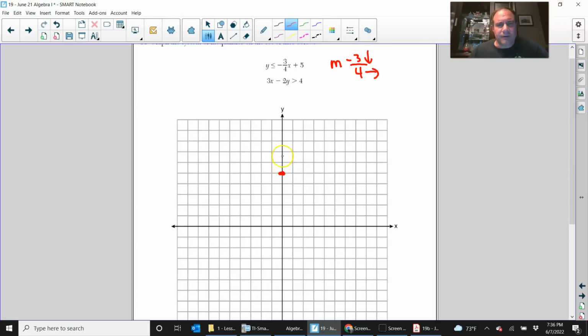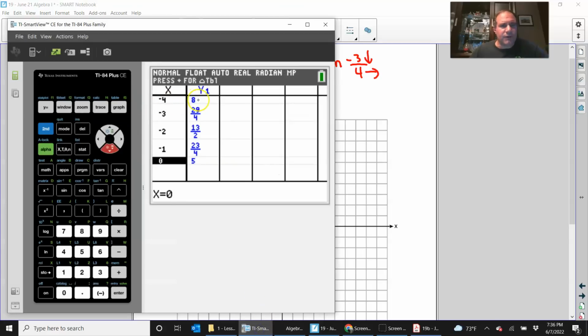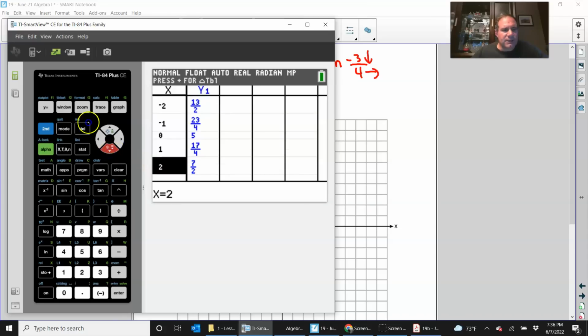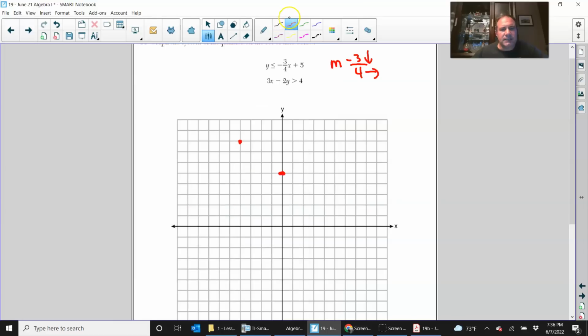So if I go up 3, 1, 2, 3, and to the left 4, 1, 2, 3, 4, notice that you have negative 4, 8. So 0, 5 is the next one, and 4, 2 is the next whole number coordinate. So I'm going to go 4, 2. And realize this is down 3 and to the right 4 because that's the slope.